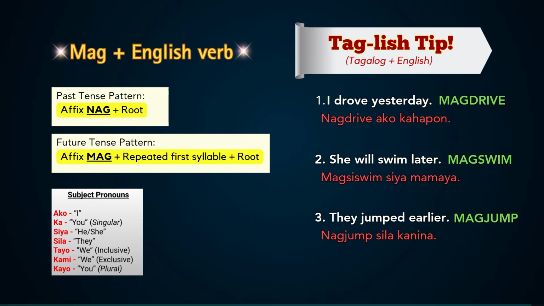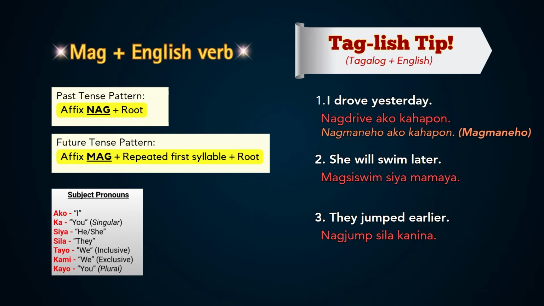So, that is just a quick way to use Taglish, but I do encourage you to go back and look up these words in Tagalog so that you can say the whole phrase in Tagalog eventually. For example, to drive in Tagalog is magmaneho. So this would actually be nagmaneho ako kahapon. I drove yesterday.